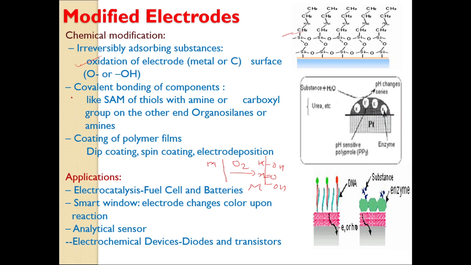Another one already discussed is covalent bonding of components like SAM of thiols with amines or carboxyl groups, and organosilanes or amines. Here organosilanes are coated on this particular electrode, so the film gets modified. And the third one we discussed is coating of polymer films, normally dip coating, spin coating and electrodeposition techniques.